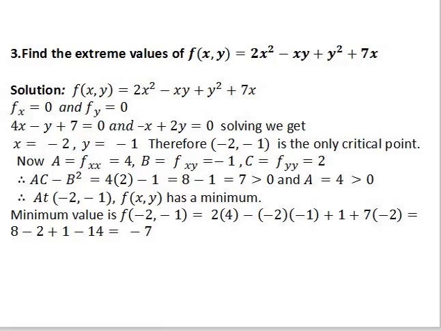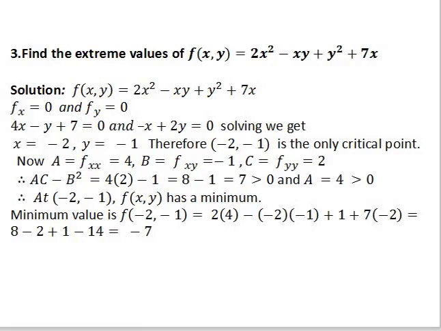Now A = fxx, which means we differentiate fx partially with respect to x. We get 4. B = fxy. Differentiate fx partially with respect to y, that is -1. C = fyy. Differentiate fy partially with respect to y, that is 2.